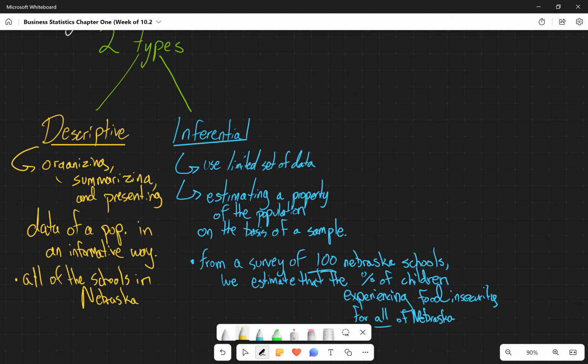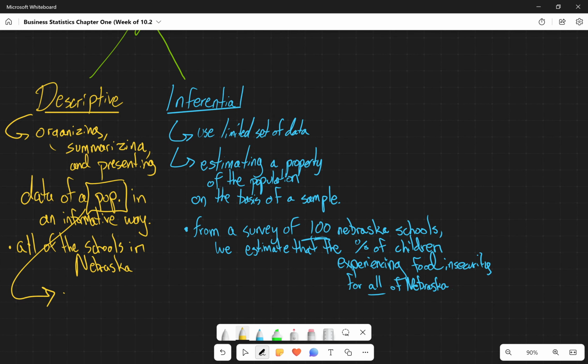Now, we use some words here, right, that we haven't defined formally. So let's go ahead and do that. A population is an entire set of individuals, objects of interest, or whatever measurements. We're just going to say individuals right now.